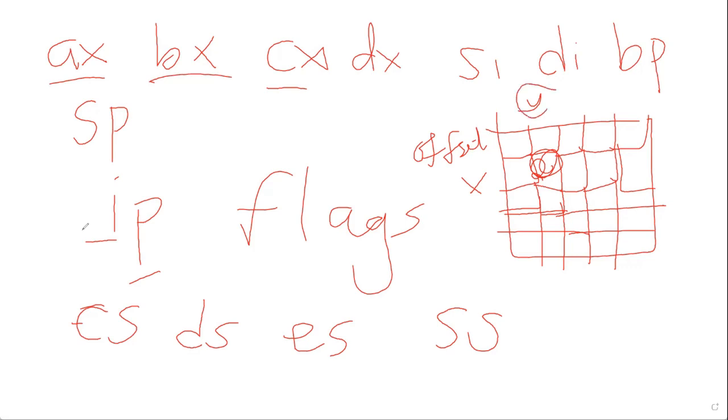You also need the y value, which in this case, if it's a code segment, refers to the code. So the code segment register, that's the CS, refers to the starting address of the segment where execution takes place.